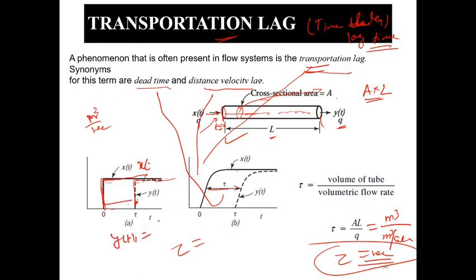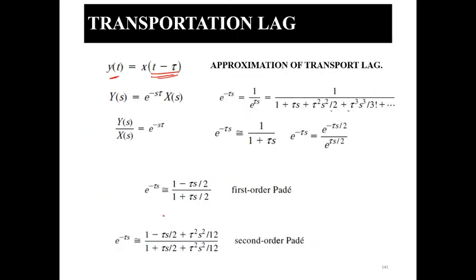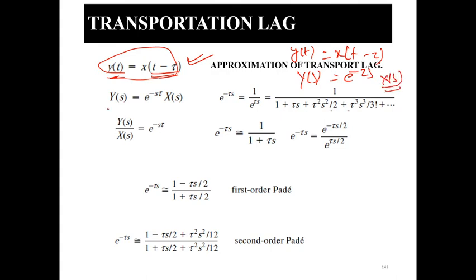So this can be written as x(t minus tau). Yes or no? Yes. So if you take the Laplace of this function, y(t) equals x(t minus tau), it will obviously give e to the power minus tau s into X(s). Y(s) equals this function. Or if you take the transfer function Y(s) upon X(s), then it becomes e to the power minus tau s.